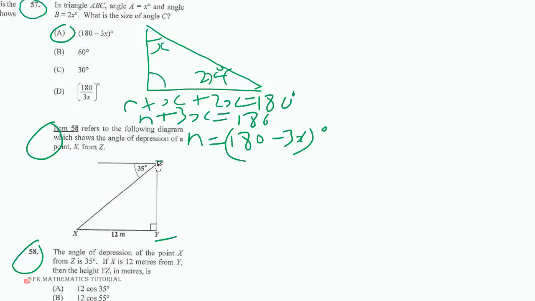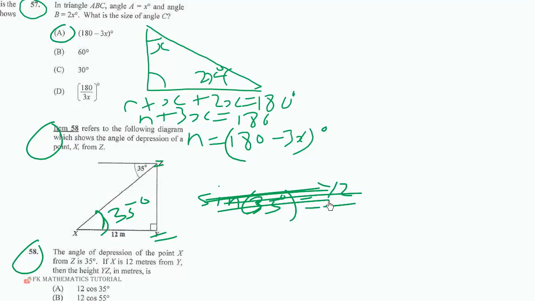This angle, when we use the alternate angles property, alternate angles are equal, so this will be 35. Now YZ is opposite to this angle. We will use the ratio that involves opposite, which is tan, because we know this to be 12, which is adjacent.